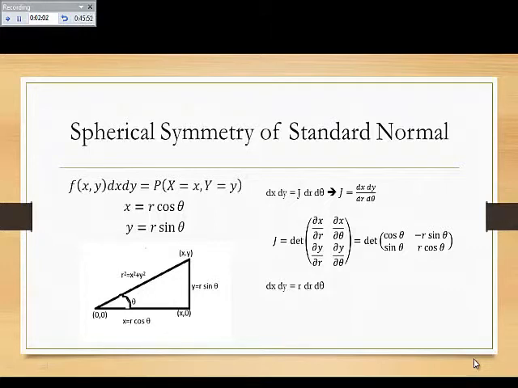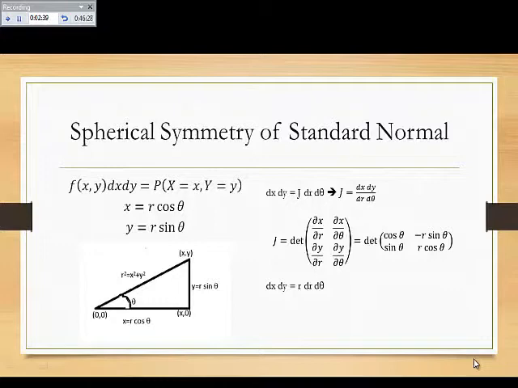The Jacobian is a determinant, and if you just do a simple division, you can see that J is equal to dx dy divided by dr d theta, and that's exactly what it is. J is the determinant of this matrix of derivatives. So you differentiate x with respect to r and theta, so you have partial x with respect to r, partial x with respect to theta, and you differentiate y with respect to r and theta, and so you get this 2 by 2 determinant.